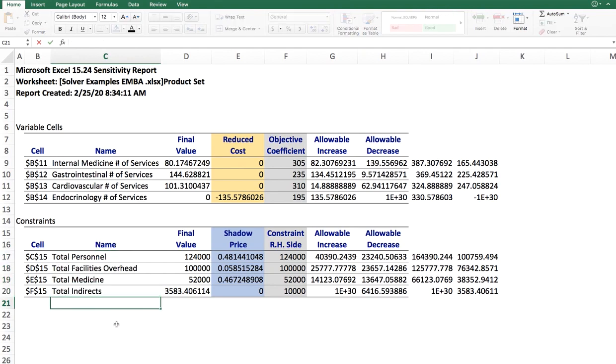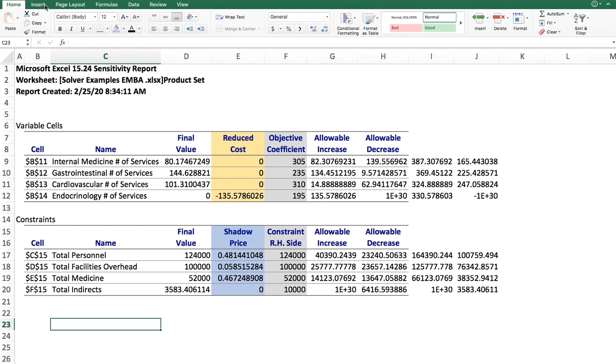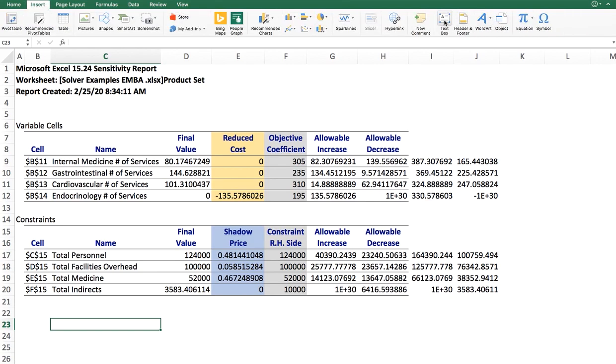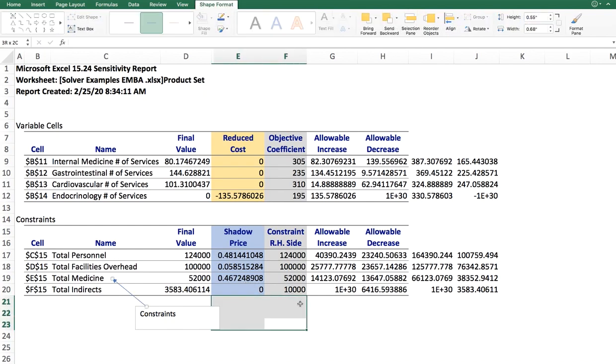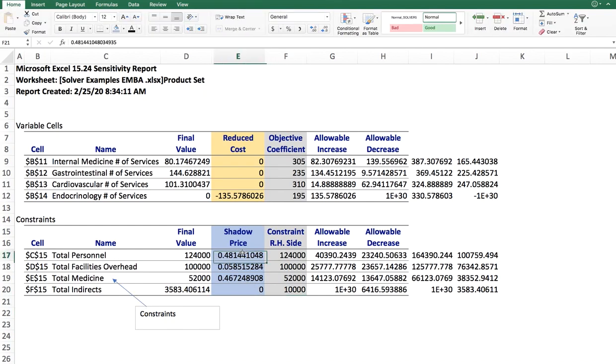So let me see if I can add a text box. You'll see these are the constraints, all of these, right? And all the shadow price shows is, if you were to change your constraints by $1, how much will your optimal solution change?